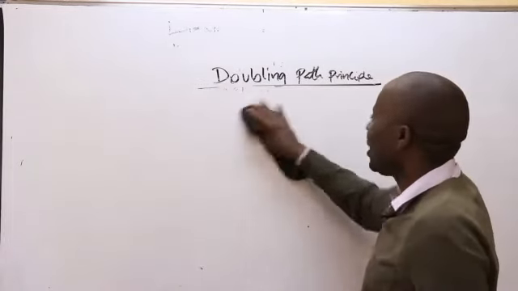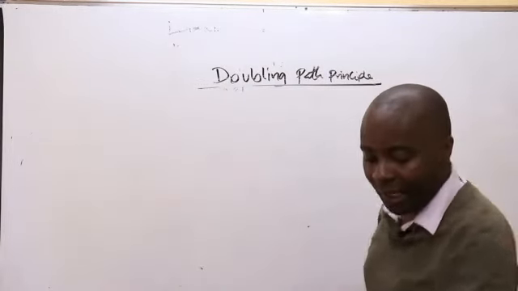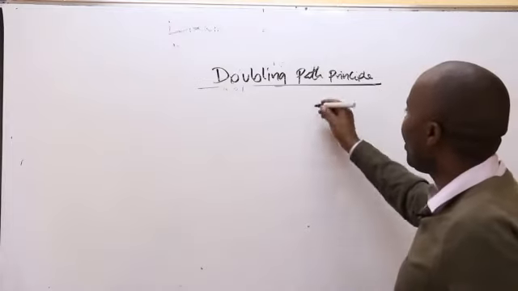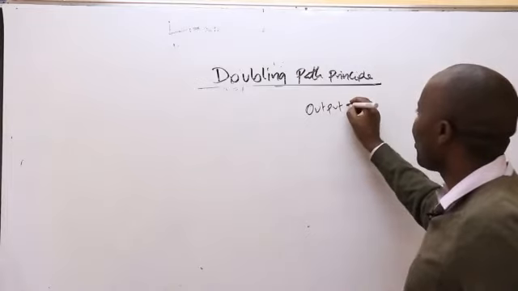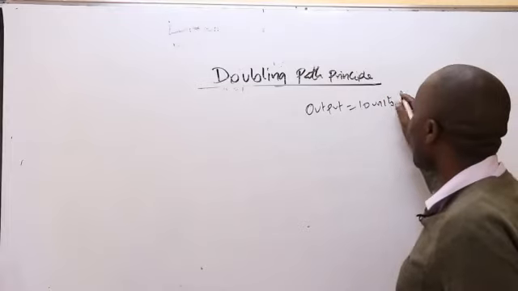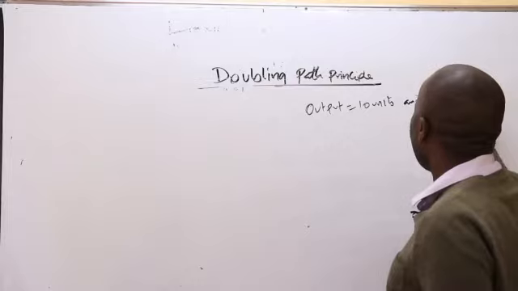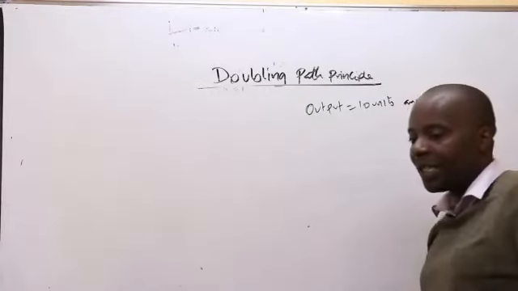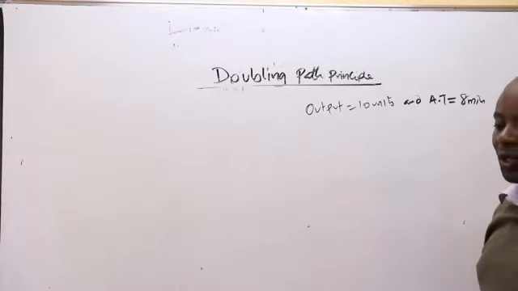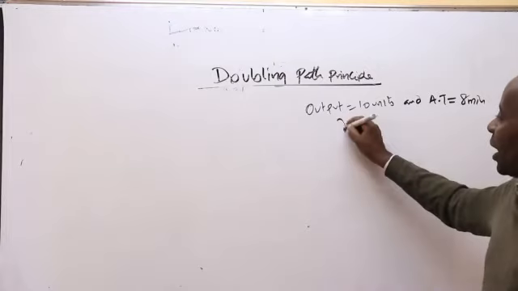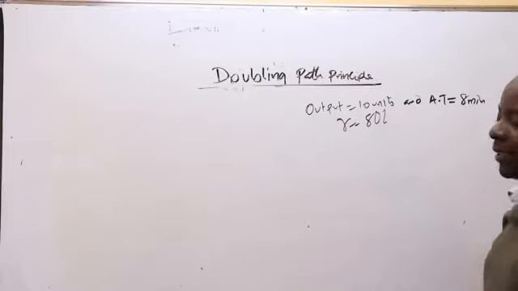Given this particular arrangement, you get an examiner who gives you output of say 10 units and average time (AT) of 8 minutes. And then it's giving us R of 80%.